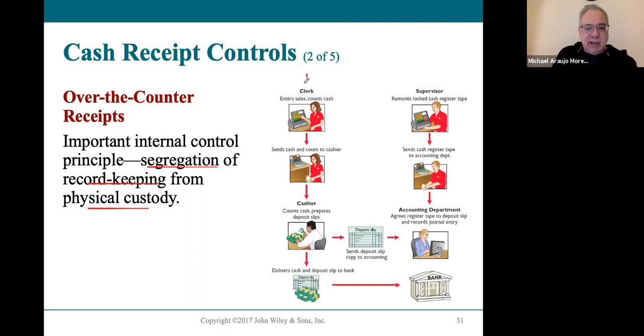Here in this column you have the clerk who enters the sales and counts the cash. The cash is then sent to the cashier to prepare the deposit slip. But on the other side, you have a supervisor who removes the cash tape, sees how much cash is supposed to be there, and reports that to the accounting department as well.